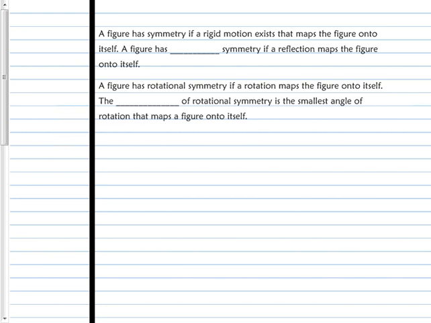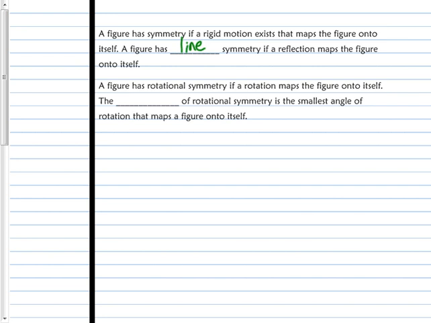Moving on, lastly, investigating symmetry. A figure has symmetry if a rigid motion exists that maps the figure onto itself. A figure has line symmetry if a reflection maps the figure onto itself. A figure has rotational symmetry if a rotation maps the figure onto itself.